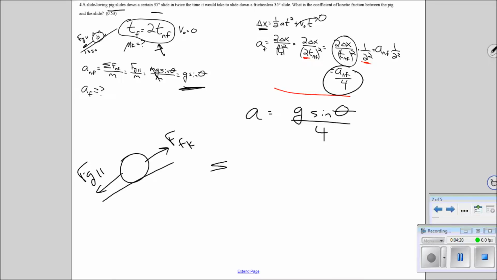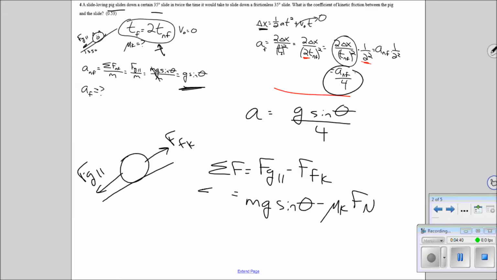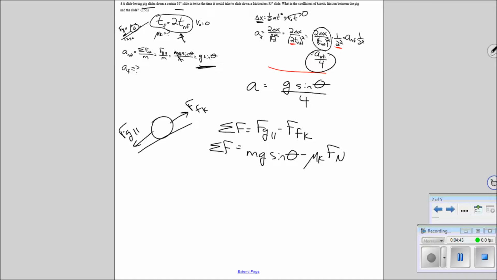So my net force in this example is Fg parallel minus Fk, which is mg sine theta minus our coefficient of kinetic friction times our normal force, right? But our normal force, well, that's just mg cosine theta, right? So our net force now is mg sine theta minus the coefficient times mg cosine theta, right?